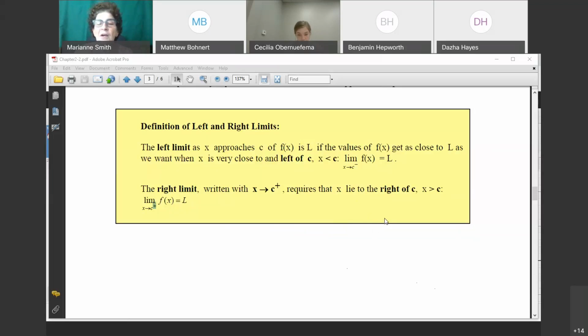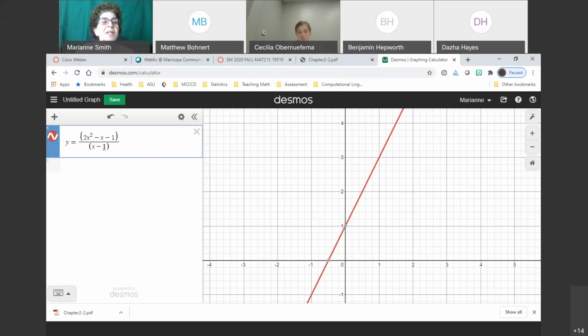Let's take a look at Desmos. I will put in a different function. This is a function that has a hole in it. I'm going to change the denominator to this. No, let me not do that. Let me change the function entirely.